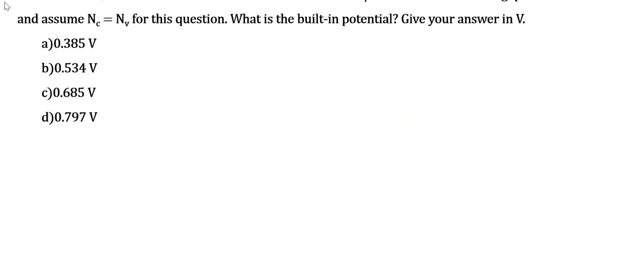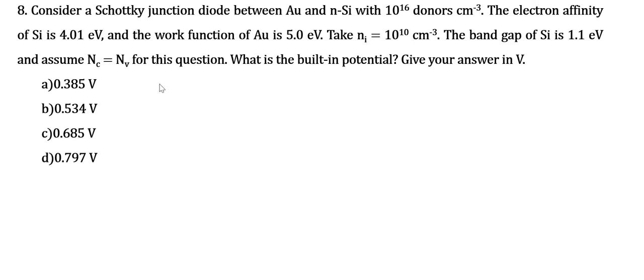So next is, consider a Schottky junction diode between Au and N-type Si with 10 power 16 donors. The electron affinity of the silicon is given as 4.01, and the work function phi of Au is given as 5. If Ni is equal to 10 power 10 and the band gap of silicon is 1.1, what is the built-in potential?